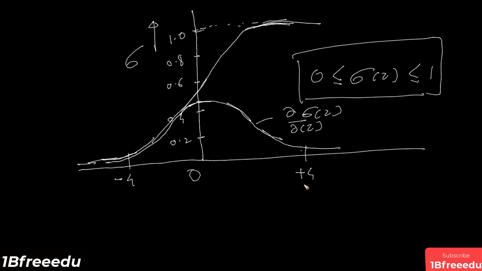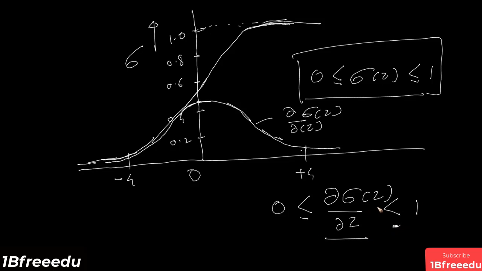The important point is that the derivative of sigma is in between 0 and 1. So if I write, 0 is less than or equal to the derivative of sigma with respect to z, and which is not less than or equal to, but strictly less than 1. The derivative of sigma varies between 0 and 1, and it is strictly less than 1. This is the important takeaway.